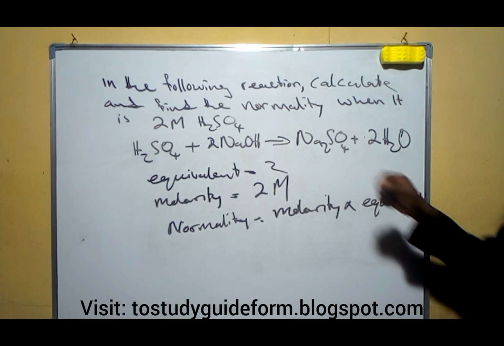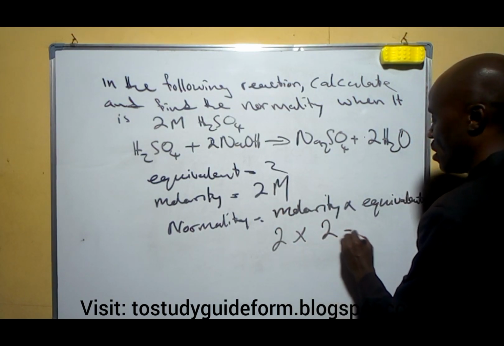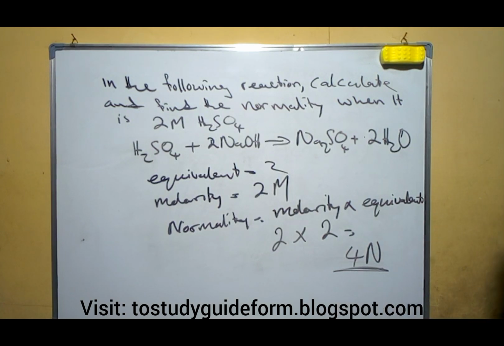Molarity is 2, times the equivalent of 2, and we will have a normality of 4. So that's this one. And then we're going to look at another question and see how we can explain more.